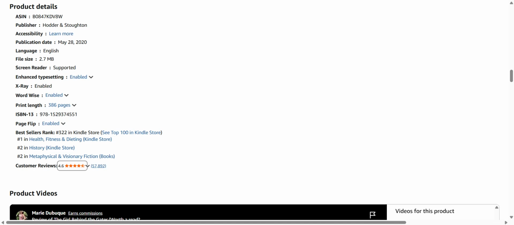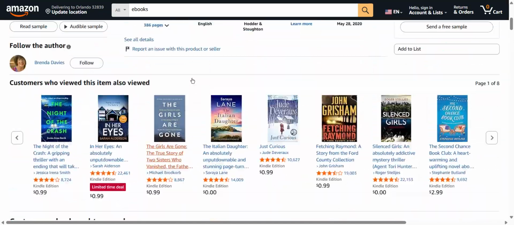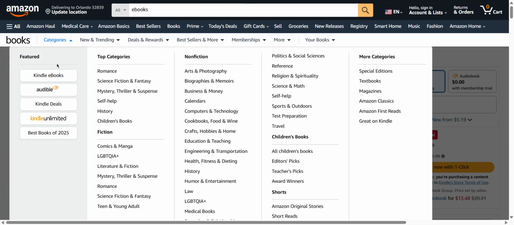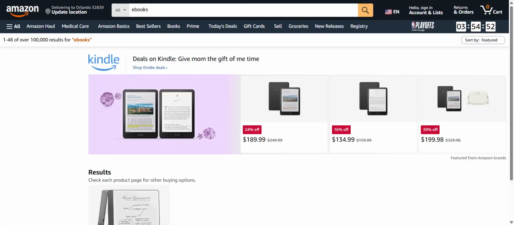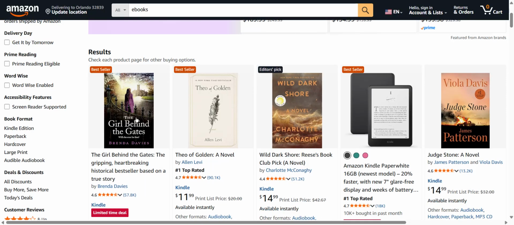So for me, if I'm going to produce a novel, I want to look at the entire market, not just the market satisfied by the big names. I'm going to look at the market in general.